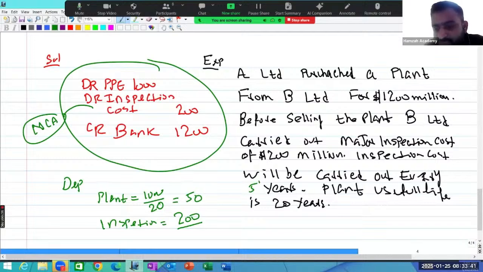Let's say inspection will be required after every 5 years, not 4. Now this 200 will be depreciated over 5. So the depreciation for inspection cost will be 40, and for the plant it is 50.